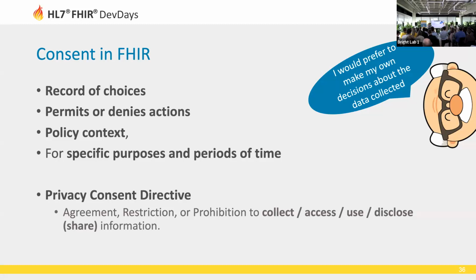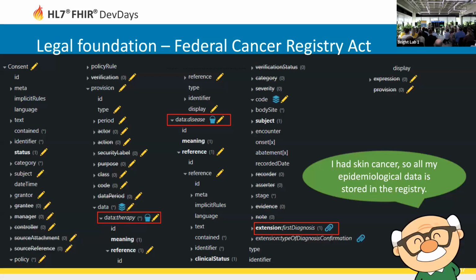Let's continue with the legal foundation. We have the General Data Protection Regulation in the EU, which gives us the right to decide whether personal data may or may not be processed. As a special use case, we have the Federal Cancer Registry Act in Germany.